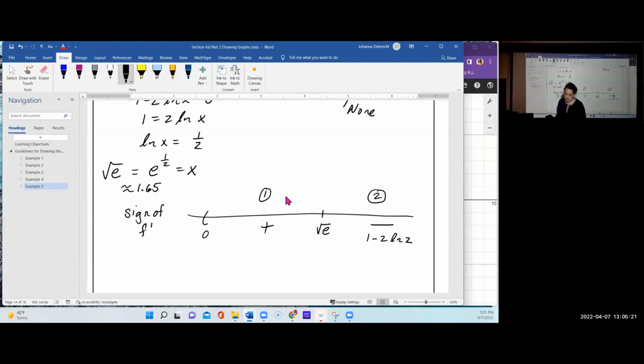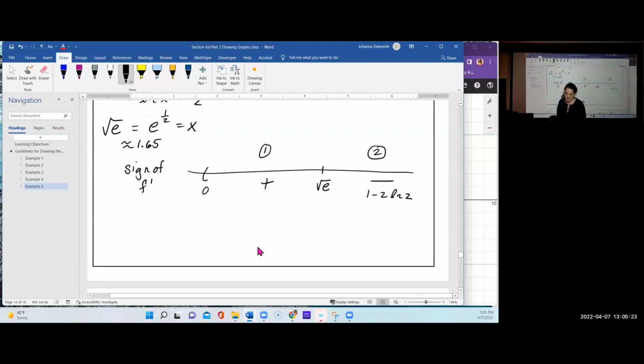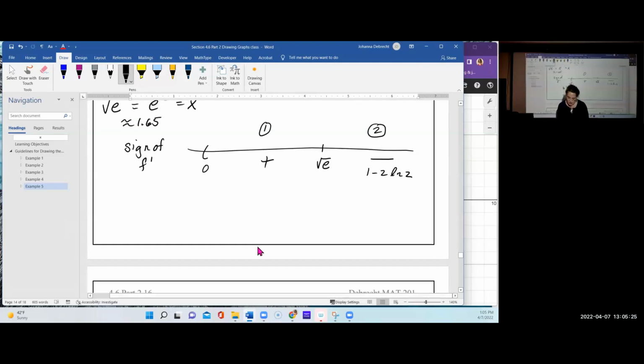So when I'm looking at this one, then what I see here is that I've got a decreasing behavior and an increasing behavior. I've got decreasing from the square root of e to infinity.